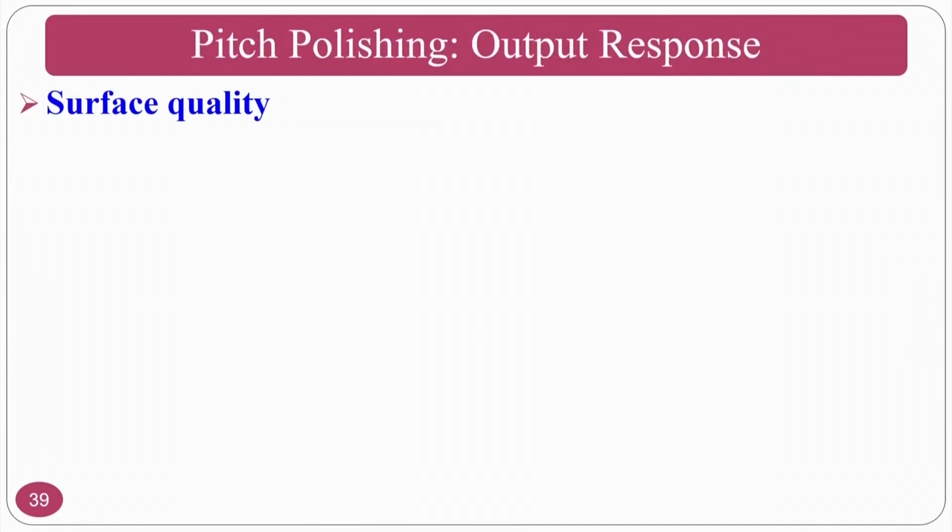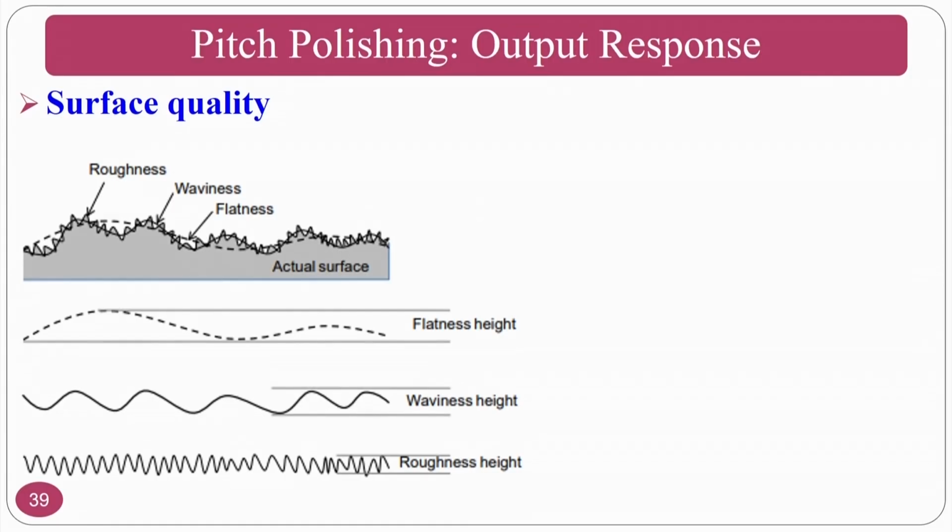The output responses: if you see the surface quality, this particular thing I will explain in depth in the upcoming slides. Normally the profile roughness will be there. If you see here, this is the roughness, this is the waviness, and this is the flatness height. Normally if you see these two, your surface will be like this.